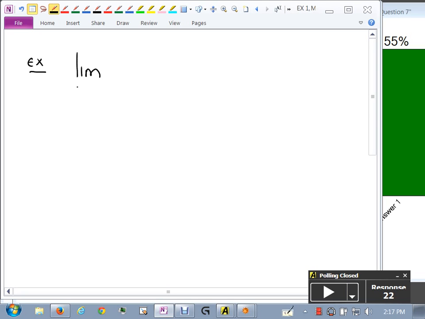Limit as h goes to 0 of the square root of 4 plus h minus 2, over h.